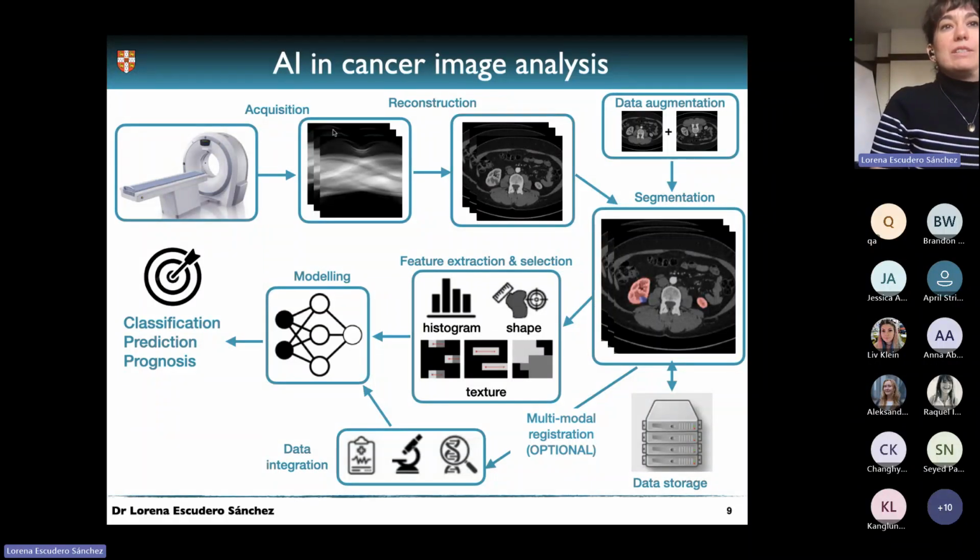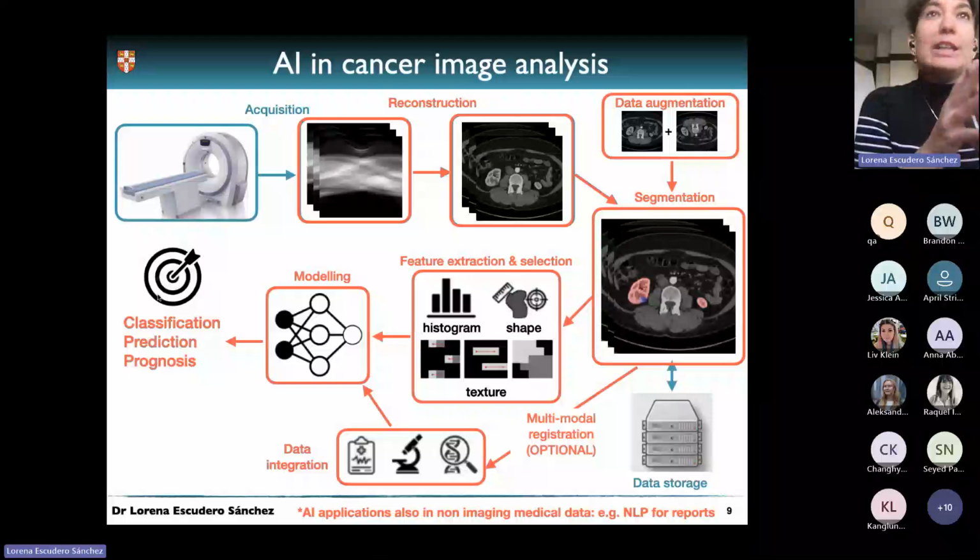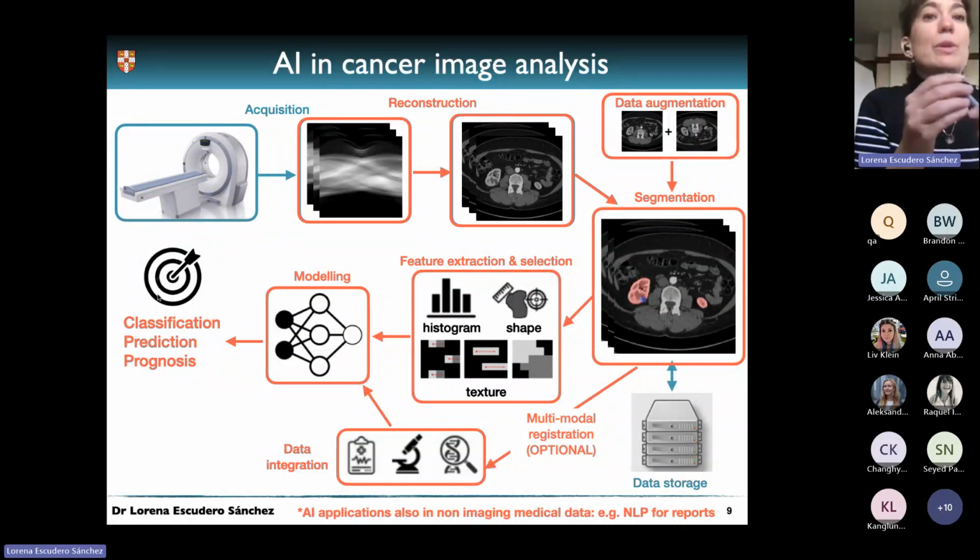And there are all these different stages, and for most of them we are developing AI tools: AI-based reconstruction, AI-based segmentation, also feature extraction and modeling, using deep learning or machine learning, also data integration and data augmentation. I didn't put it for the data storage.